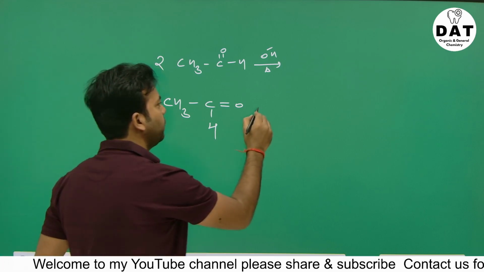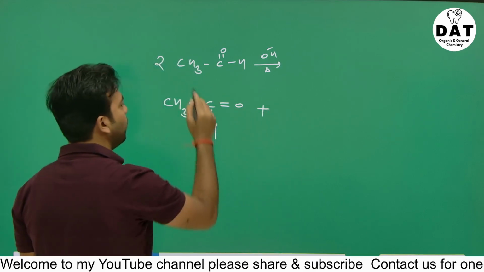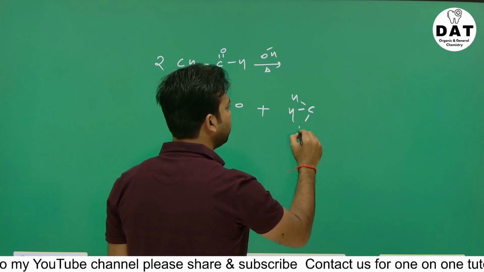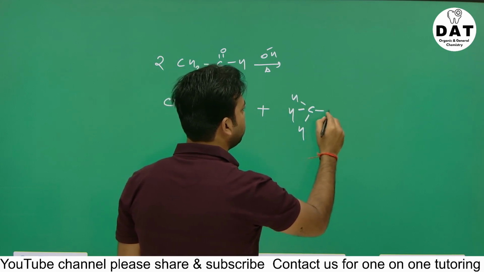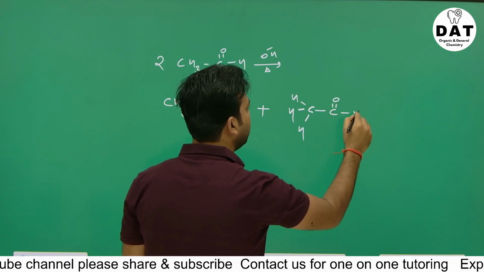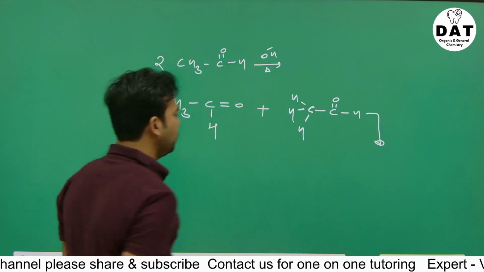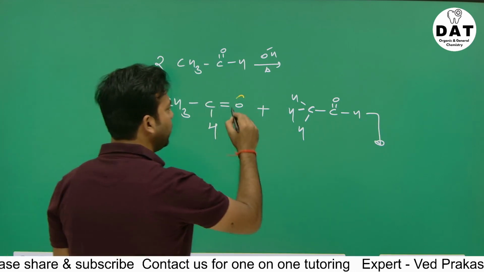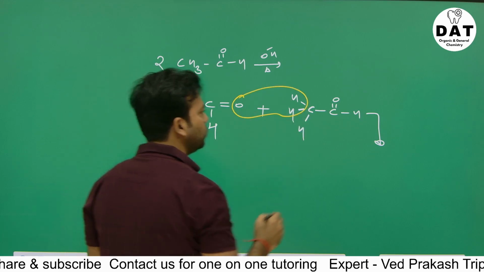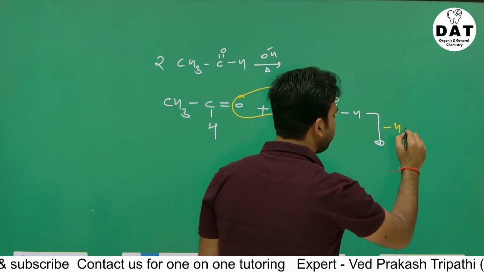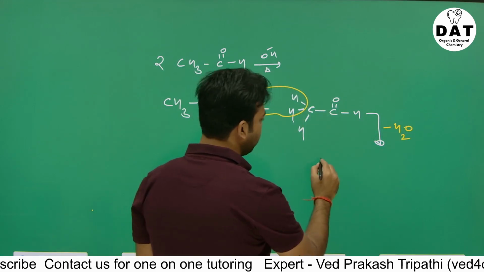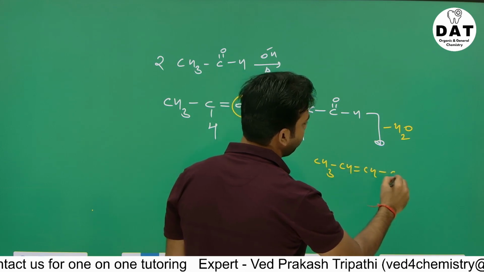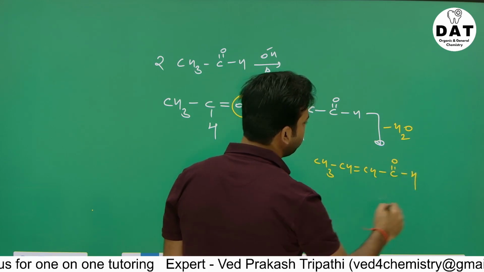So this is my alpha carbon, so this one is my alpha H. Clear? Now simply you have to remove a water molecule, so oxygen and 2 hydrogens. So there is a loss of water, and you can attach directly CH3 CH double bond CH CHO. So this is my final product.